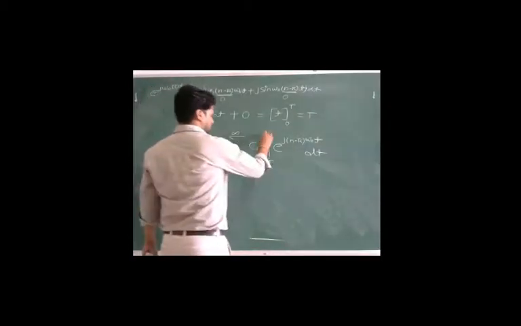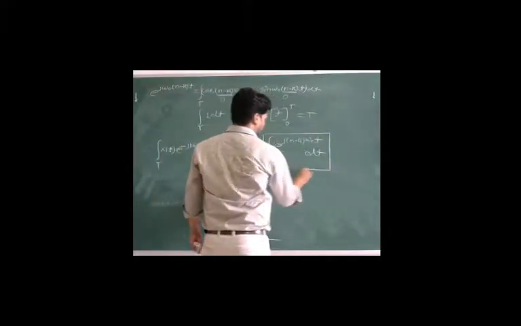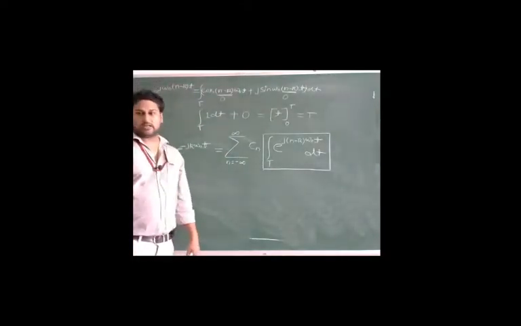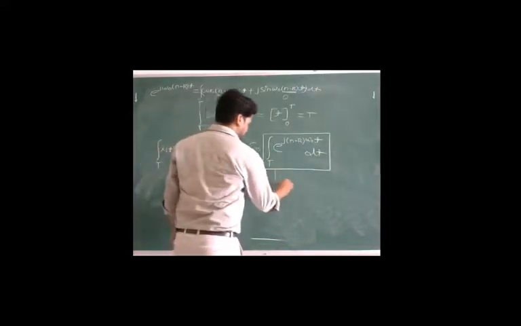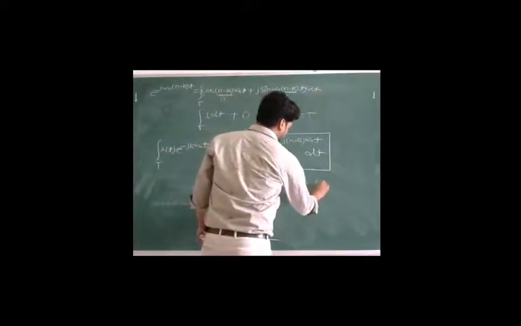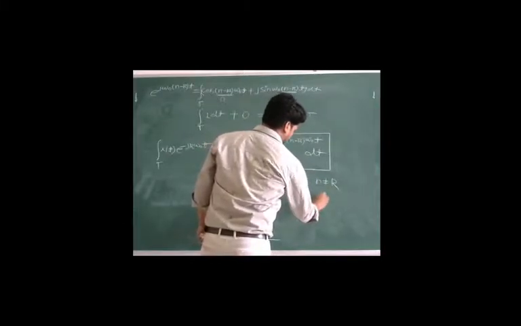This was the expression, and what we have seen is that the integration of e^(j (n minus k) omega naught t) will result in 0 when n is not equal to k, and this will result in T when n is equal to k.